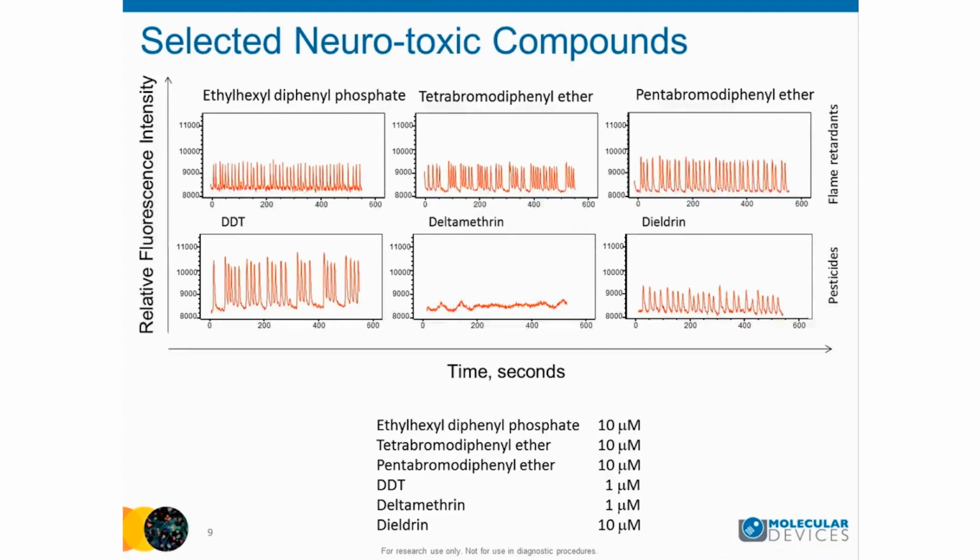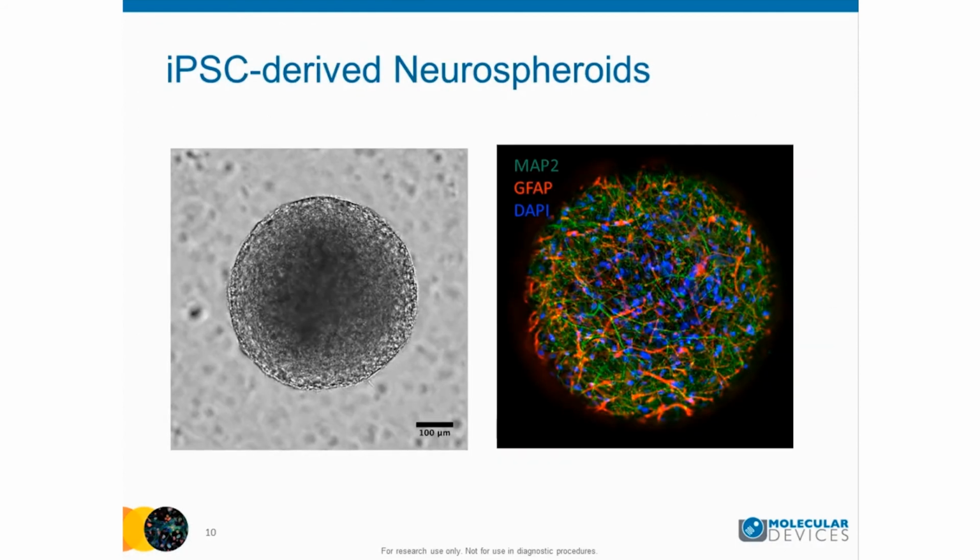In addition to the calcium flux assay, high-content imaging methods were used to gain additional information about morphology and viability. Spheroids were imaged using an automated confocal imaging system, the ImageXpress Micro Confocal, with either a 10x or 20x objective.